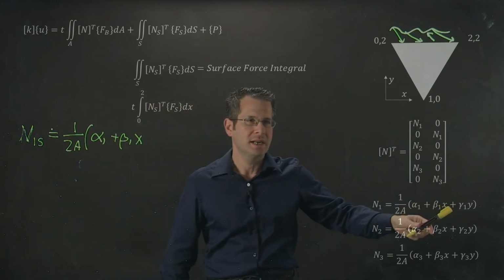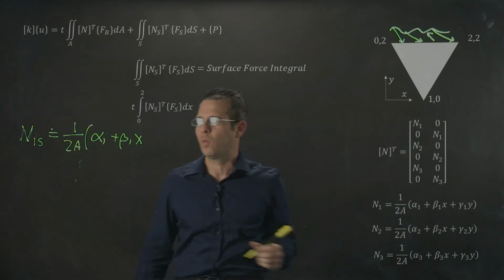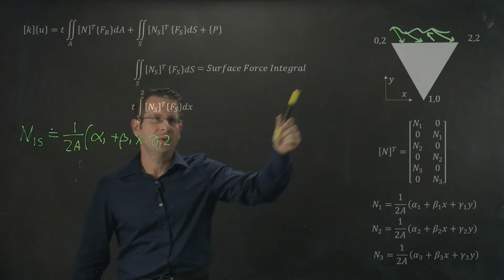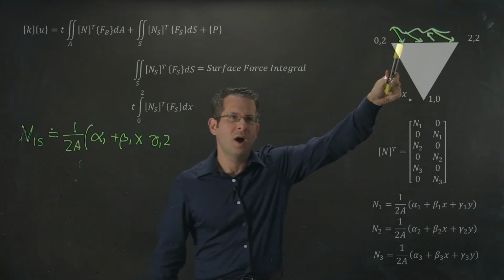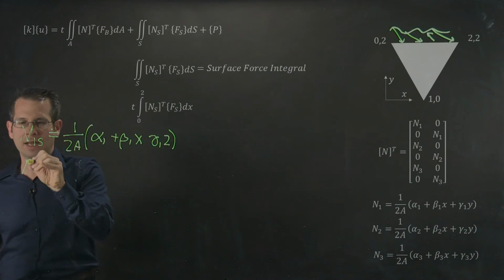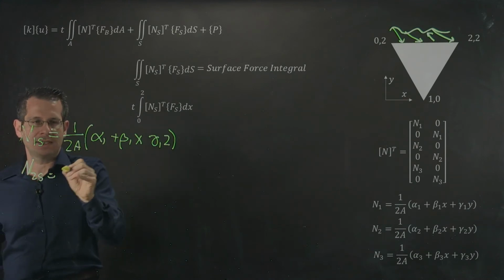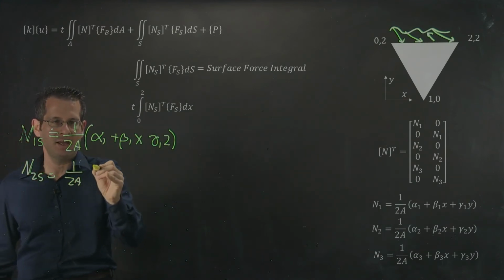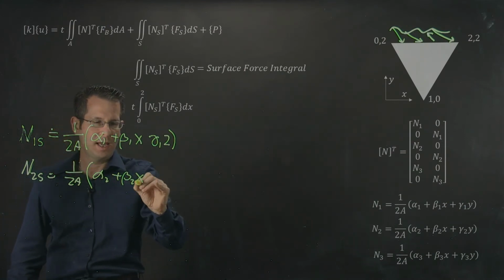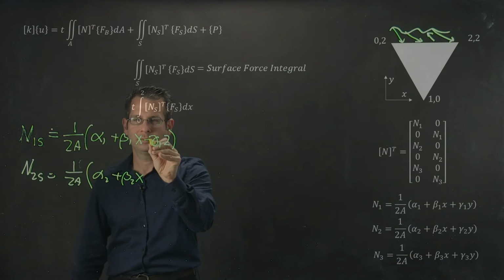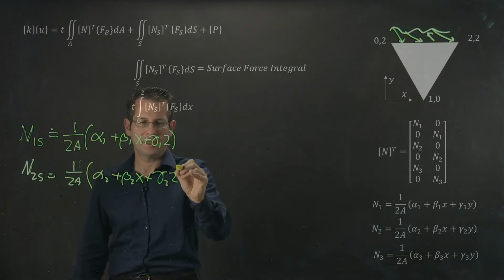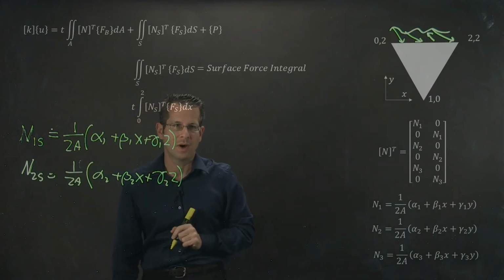But now, instead of gamma 1 y, I know what y is. So this becomes gamma 1 times 2, because my y component is 2 along this entire surface. Likewise, N2s is 1 over 2A, alpha 2 plus beta 2 x plus gamma 2 times 2, where the 2 replaces my y component.